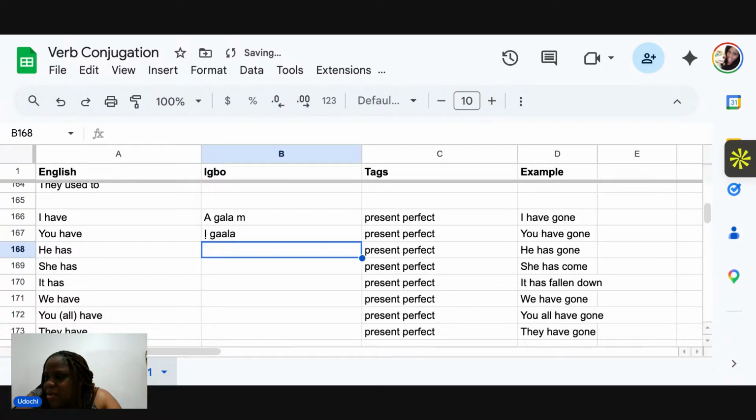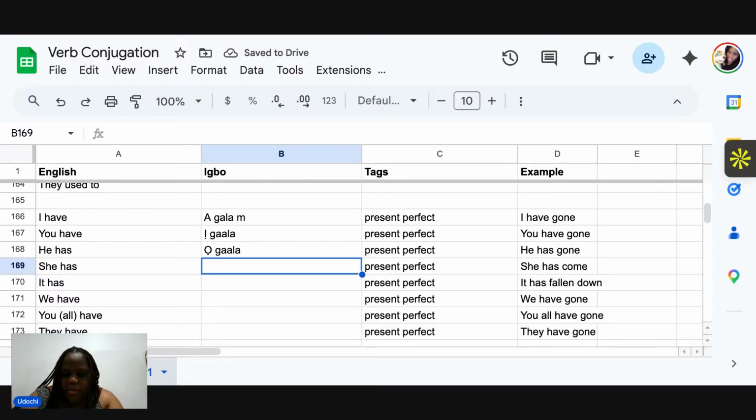He has gone, or Gala. She has come, or Biala.